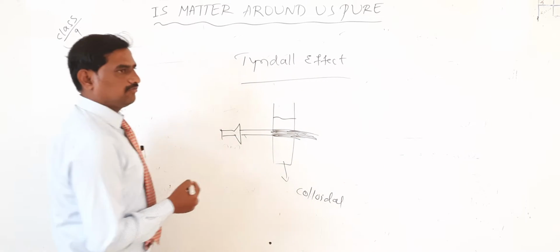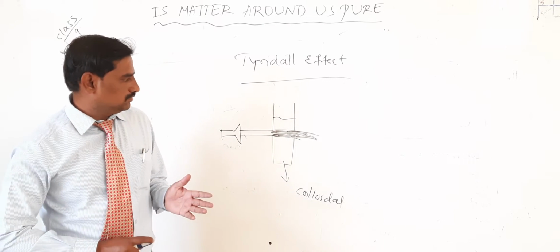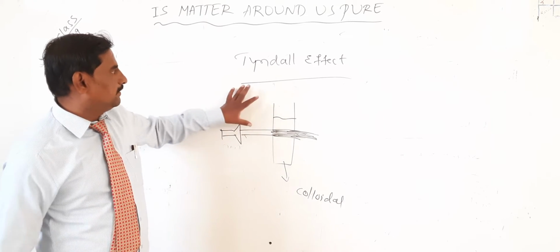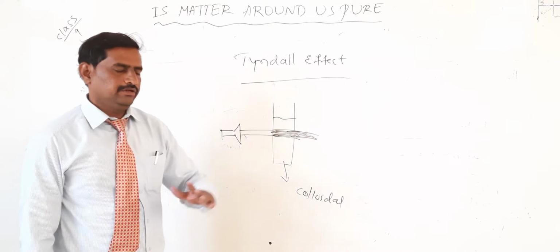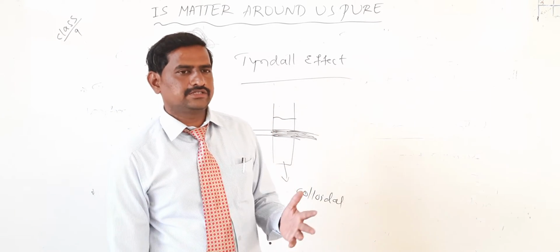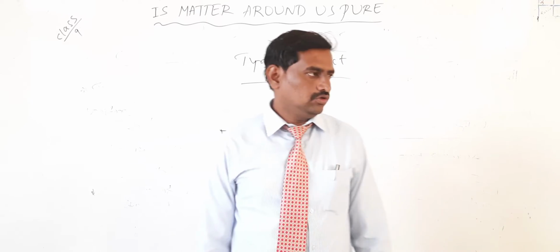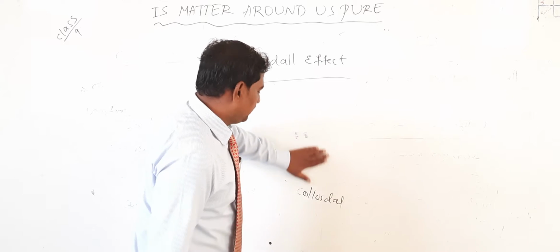So the process of scattering of light through the colloidal particles is called what? The Tyndall effect. Tyndall effect is nothing but when the light scatters through the colloidal particles. For example, in milk.